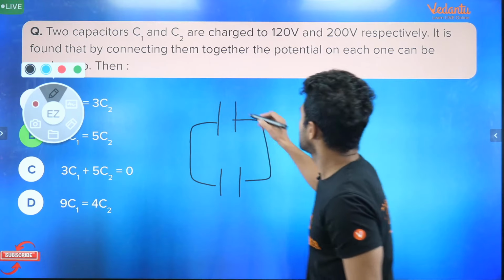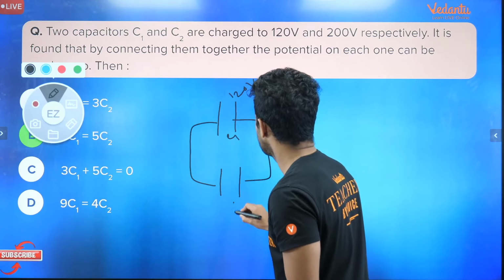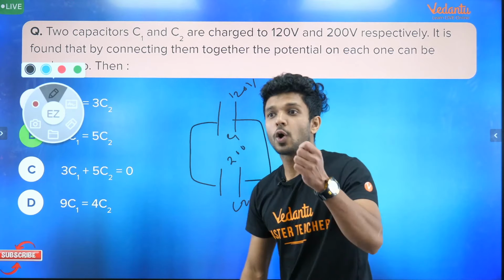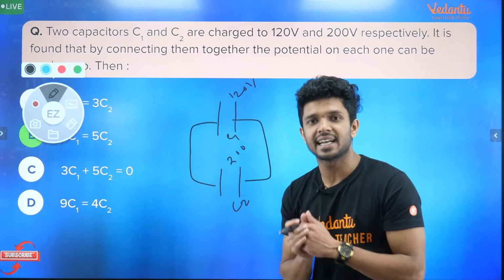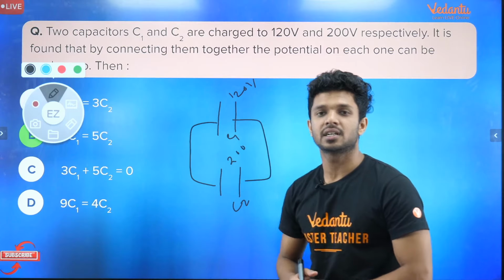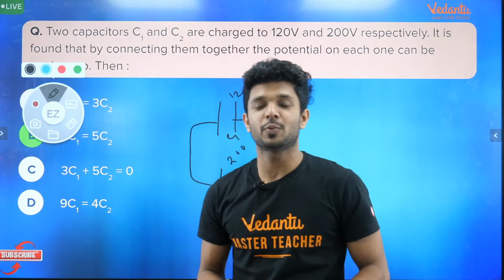So the capacitor C1 is at 120 volt and C2 is at 200 volt. But it is said that the common potential after they are connected like this is 0. If two capacitors are connected in parallel, how will you find the net value of potential?